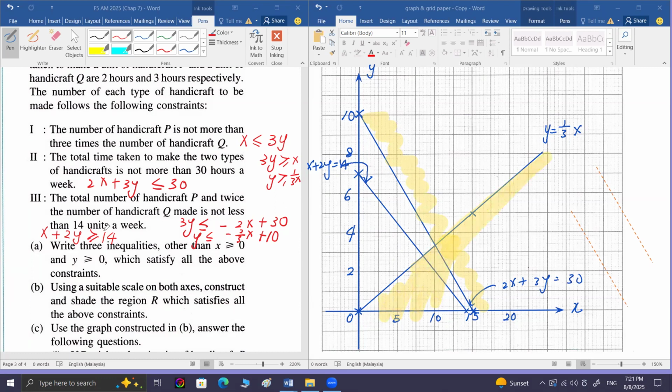After that, this line greater also on top. Here is out. So X greater than 0 to the right. Y greater than 0 upwards. So this section is out. Okay, so we can see the region that you need to shade already. You can see there. Here.